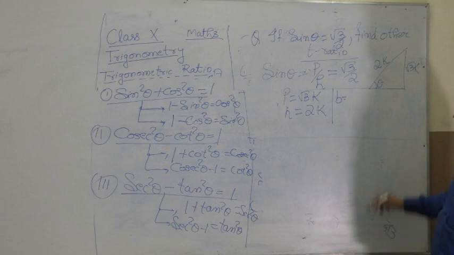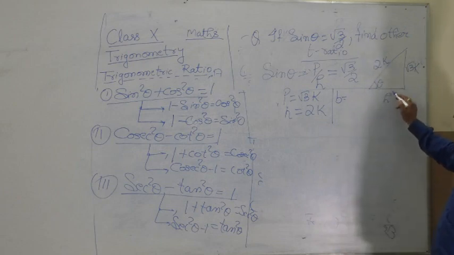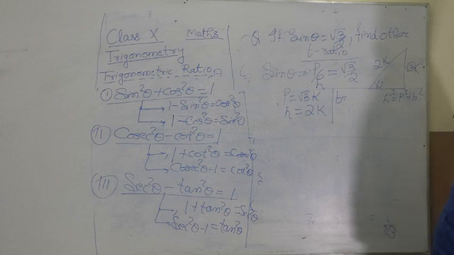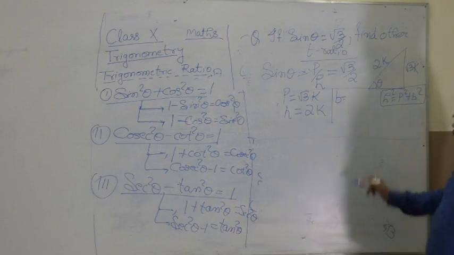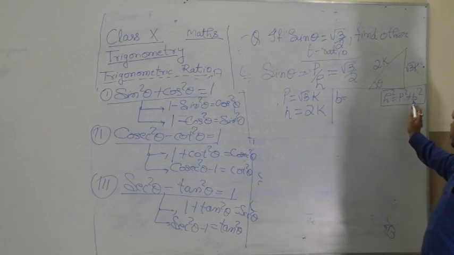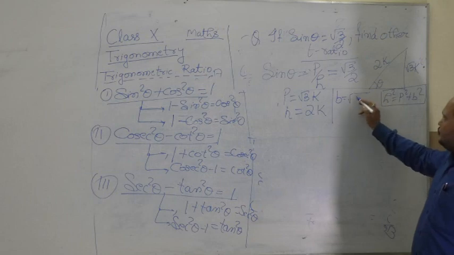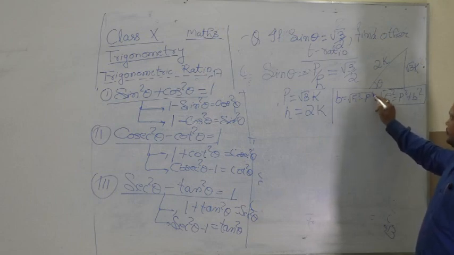You know, by the Pythagorean triplet, H square equals P square plus B square. By this, we can easily find the value of the base by putting the values of P and H in this formula. We have B equals root under H square minus P square.